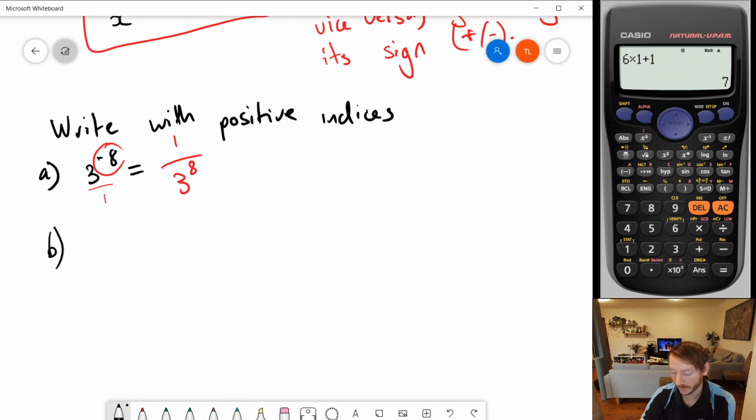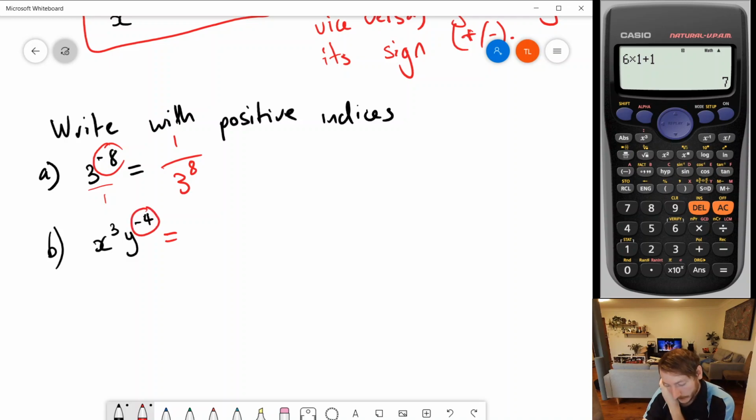Now let's do it with some algebra, because that we could obviously just type in a calculator and it's no point in doing it. But let's apply it to some algebra. Let's say I've got x to the 3 and y to the negative 4. Now, this x to the 3 and this y to the negative 4 are both on the numerator.